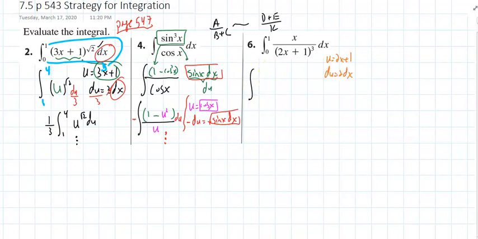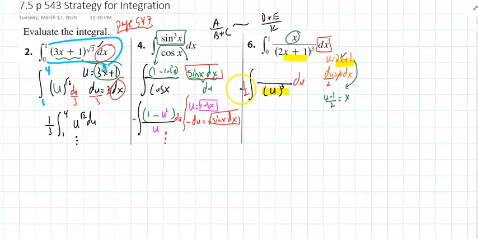This will become the integral. Now, just so that I don't lose track, that is my u cubed. dx is 1/2 du, and I have this x left, and the deal was I would solve this for x, so an extra step in there will be u minus 1 all over 2 equals x.